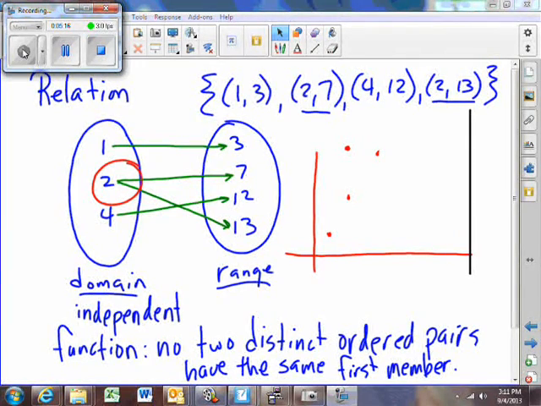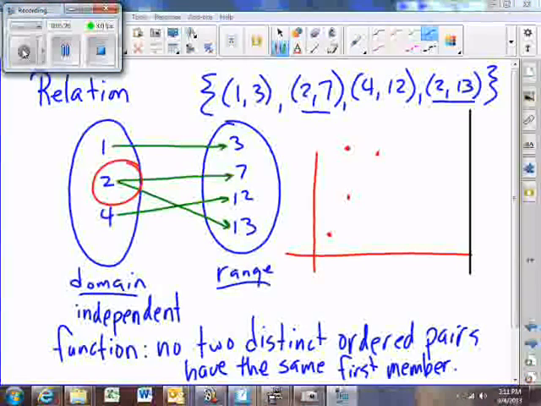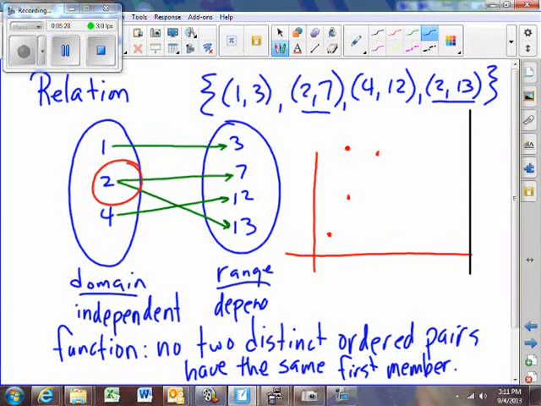The x values, again, as we said, are considered the independent variable, and the range values are considered values of the dependent variable.